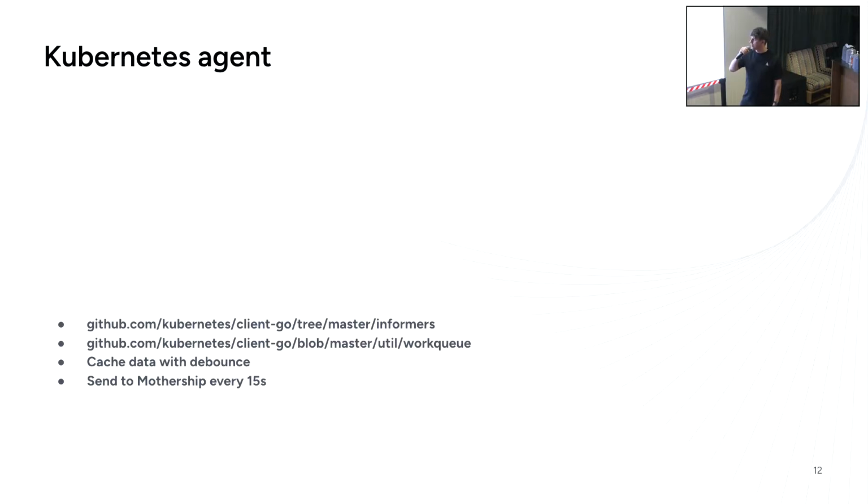And we have dozens of informers, right? Pods, nodes, volumes, ingresses, you name it. And they all end up in a work queue. This work queue library is actually not coupled to Kubernetes. It is in the Kubernetes client package, but it's a pretty generic implementation of a work queue, so you can actually use it in your own projects.